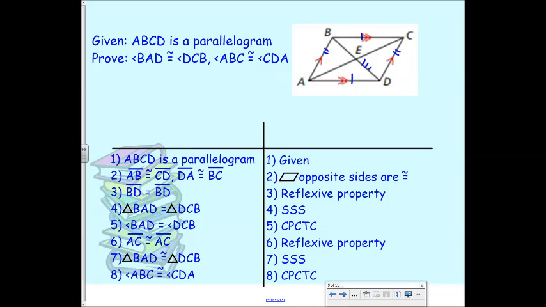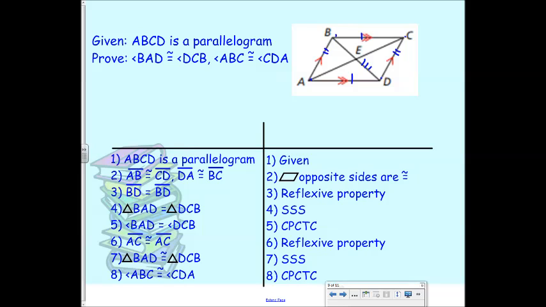So now that I know that, I've got three sides of these triangles right here. So I've got triangle BAD is congruent to DCB based on SSS. And think back to pre-Christmas break, SSS means side, side, side. So we've proved all three sides of the triangles are congruent.